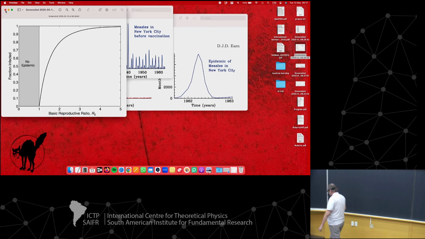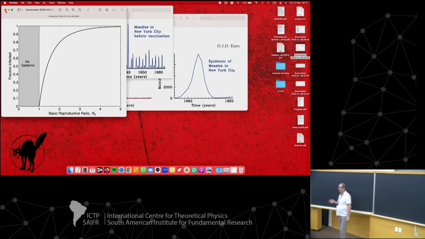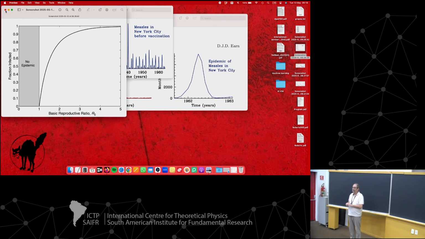Okay, and this is an important result, because it has the implication that the fact that you have an epidemic depends only on R0, which we have defined, and the total epidemic size depends also only on R0.